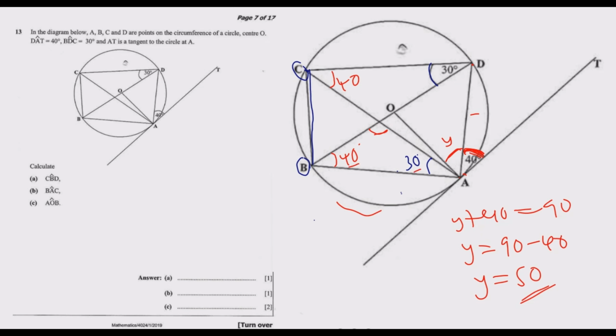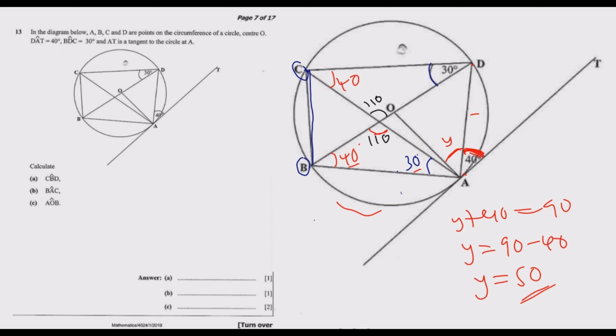The sum of all the angles in a triangle is 180. So 70 from 180 will remain with 110. So that angle should be 110. And if this angle is 110, then this angle should also be 110, which is the opposite angle when two lines cross.